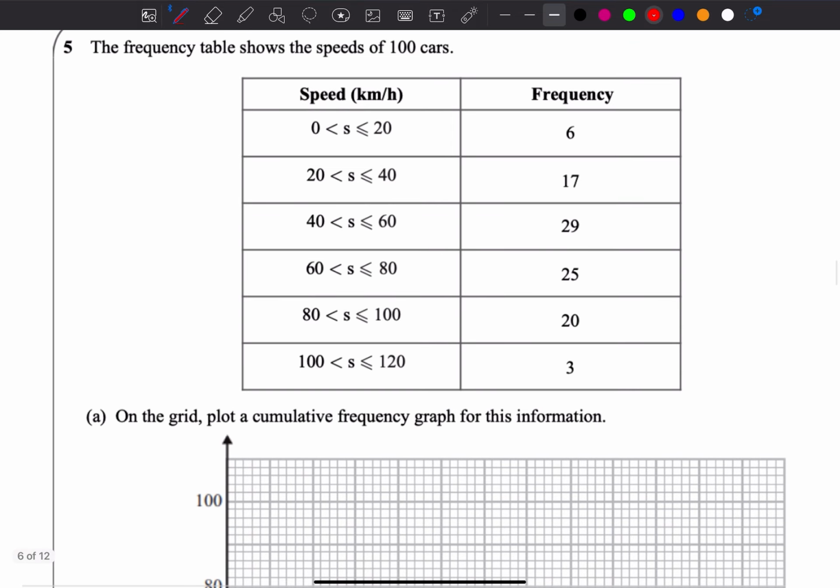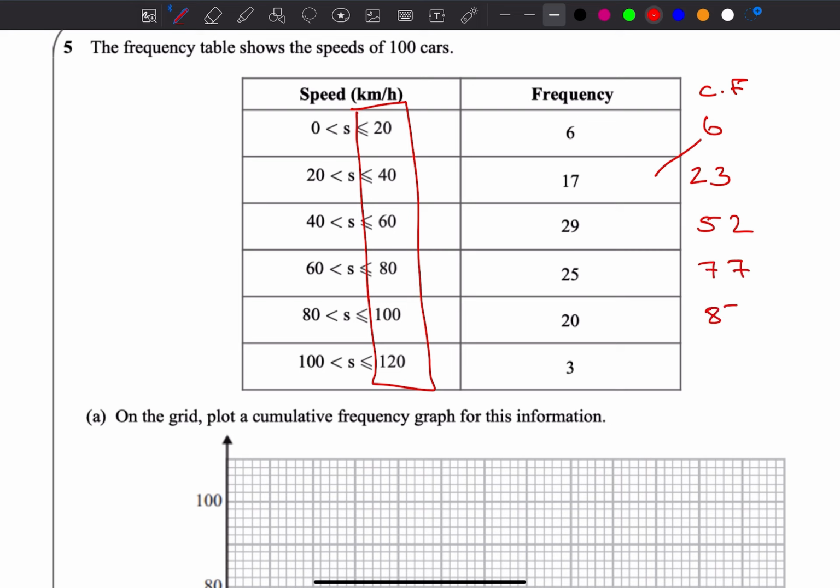Okay, a cumulative frequency diagram. You always use the last numbers, and you need a cumulative frequency. Let's see, you added 6, 23, 52, 77, 87, no, 97 and 100. That's your cumulative frequency.